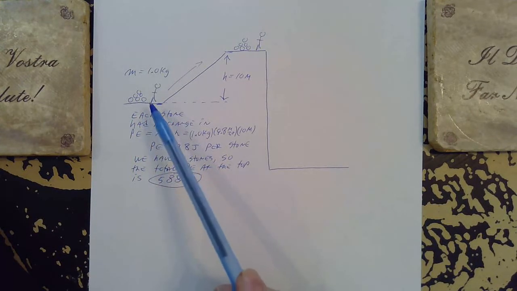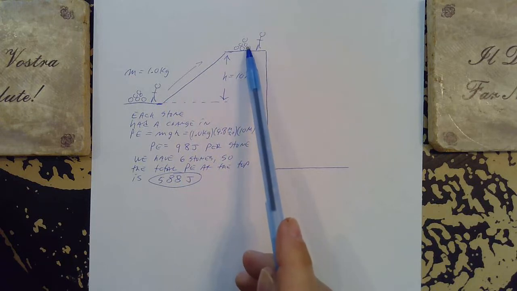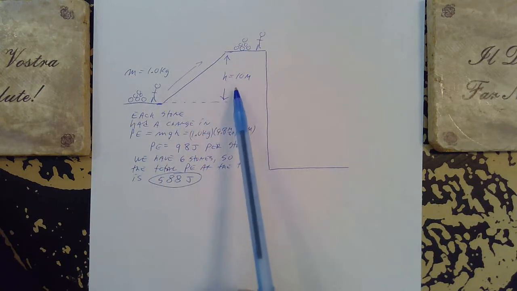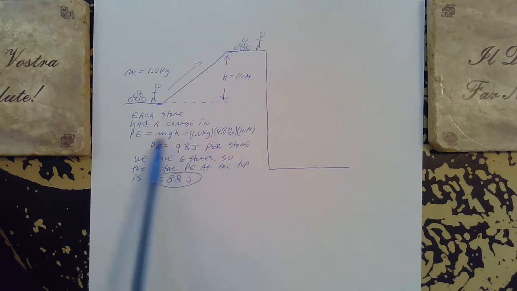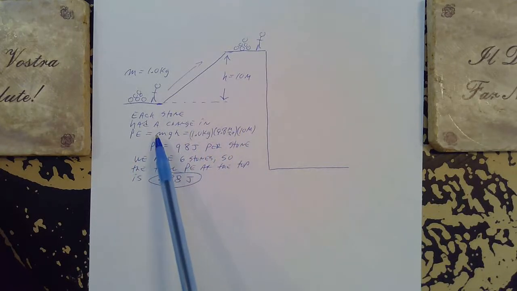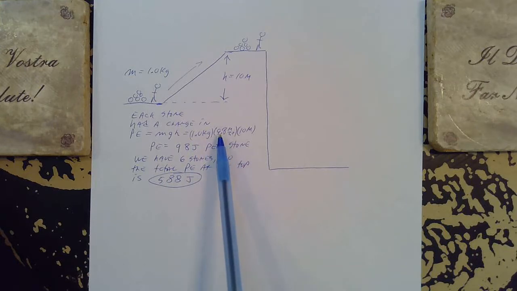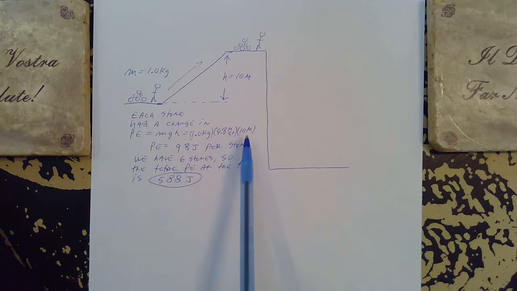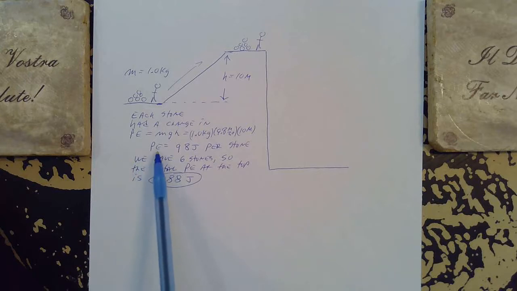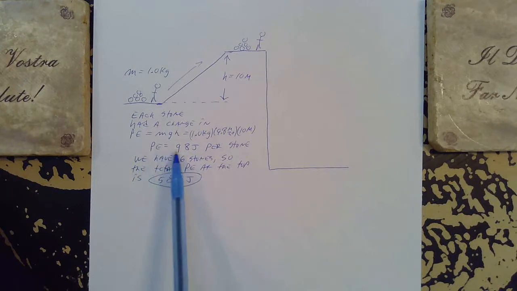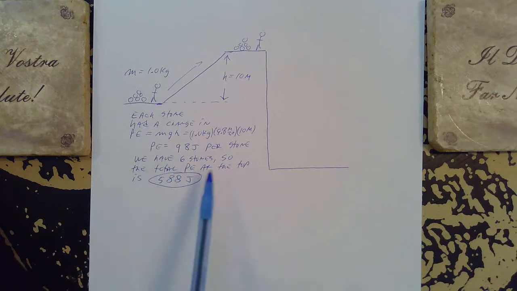This person carries each stone up the hill to this point here, raising them 10 meters. So if we calculate the change in potential energy for each stone, we get mgh, mass times gravity times height. So 1 kilogram times 9.8 meters per second squared times 10 meters. And the potential energy change for each stone is 98 joules.